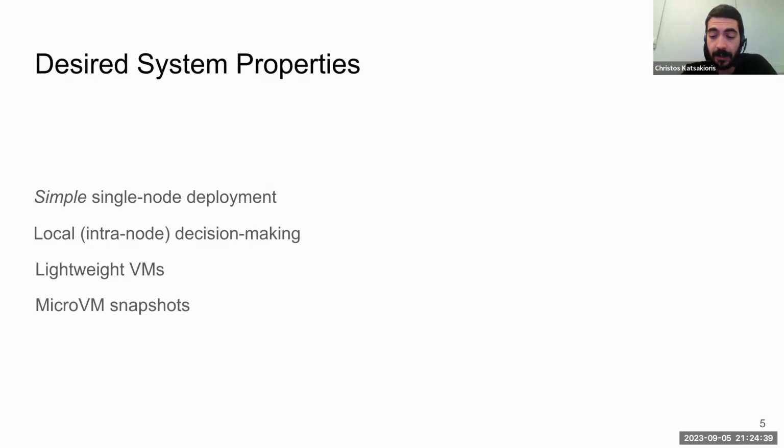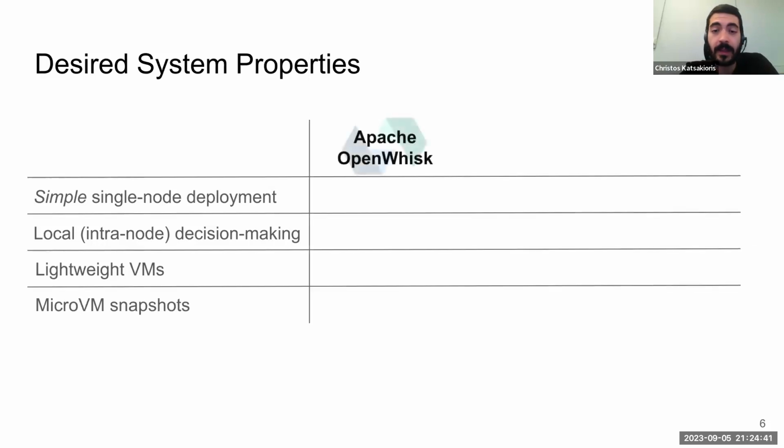We evaluated several options, beginning with Apache OpenWhisk, one of the most popular platforms for serverless research. OpenWhisk features a clean and extensible architecture comprising few moving parts, including the invoker, which is a node local component that can be extended with local resource allocation decision making.